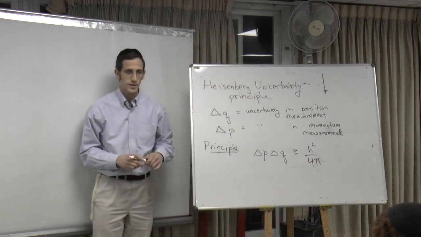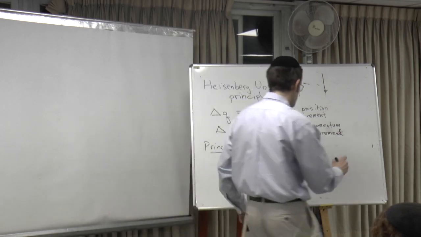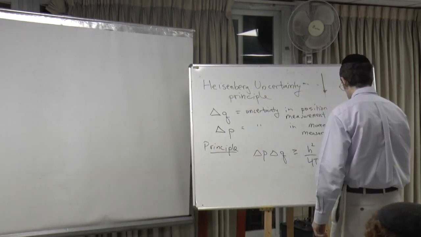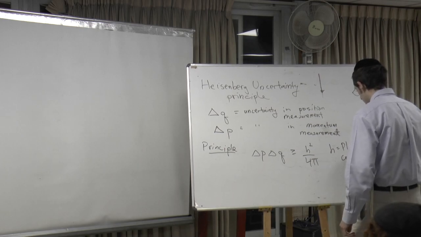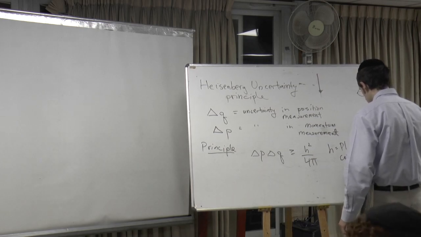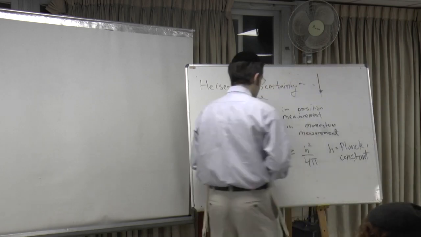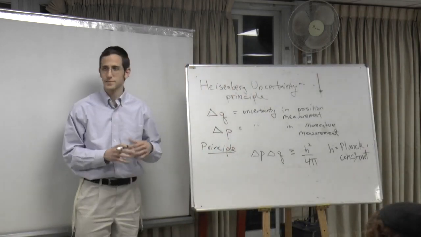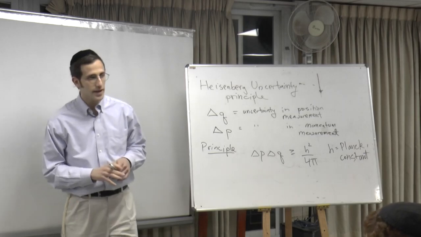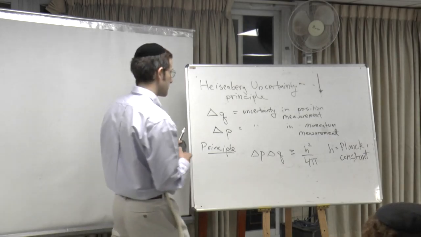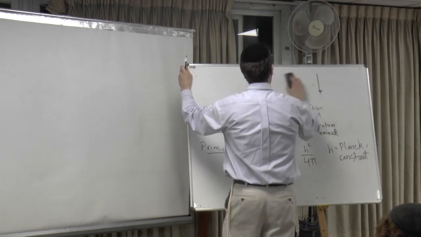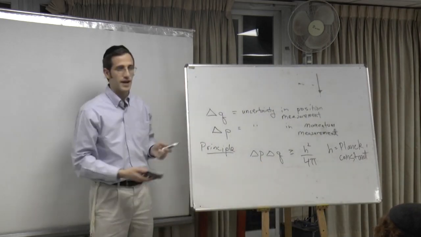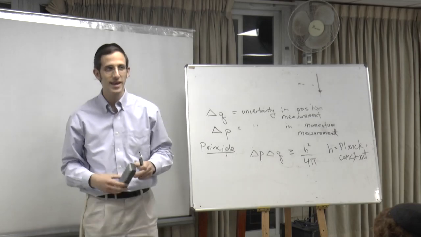Okay, so h is the Planck constant, which is a number, but it also has some intrinsic physical meaning, and in order to convert that into the thing which is relevant for the uncertainty principle, you have to multiply by 1 over 4 pi.